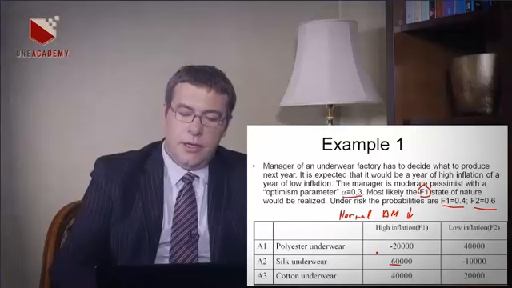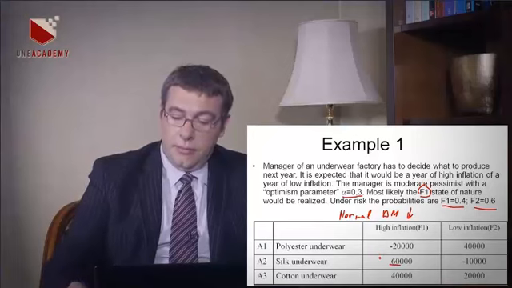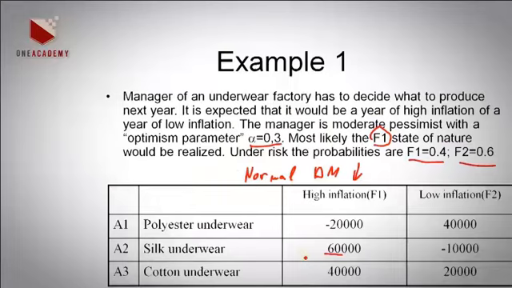This is 18 minus 7 is 11, and 40, so it is 12 plus 14, 26. So cotton underwear would be the best possible alternative if we use the Hurwicz decision rule.